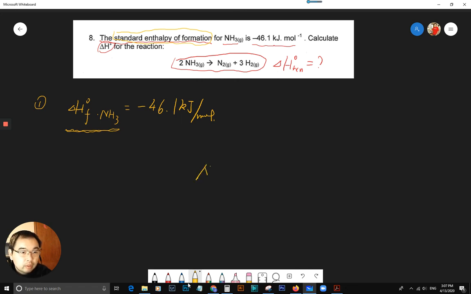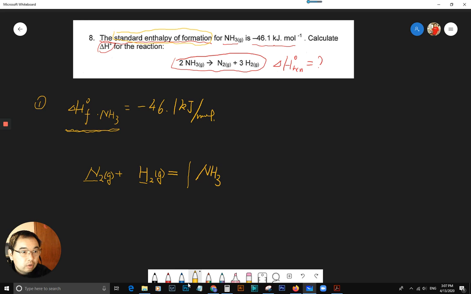We produce 1 mole of ammonia, and the reactants must be the pure elements, nitrogen plus hydrogen. The third requirement is that those pure elements should be in their most stable form. For nitrogen, the most stable form is nitrogen gas. For hydrogen, the most stable form is hydrogen gas.